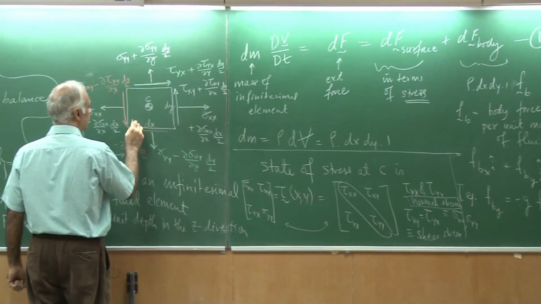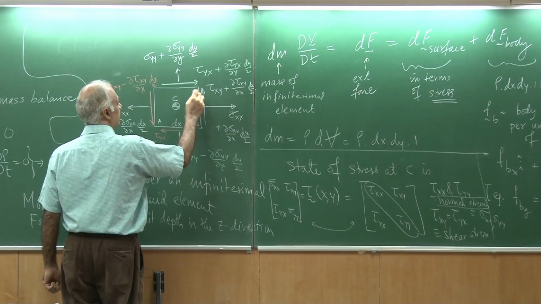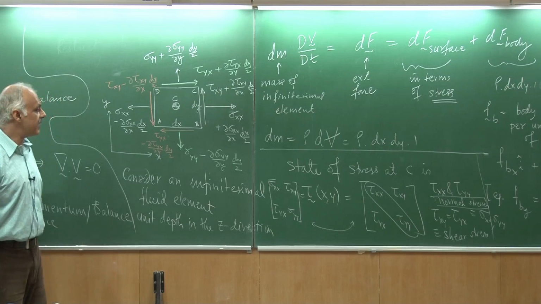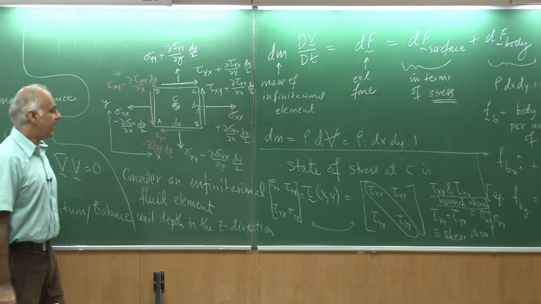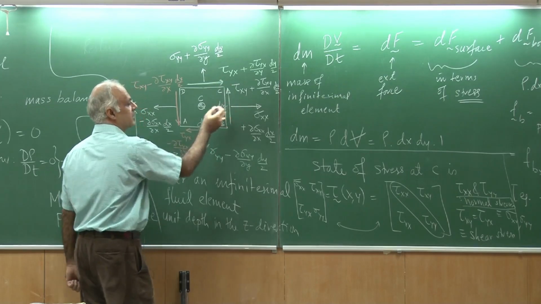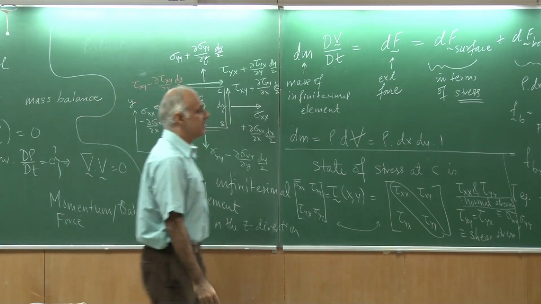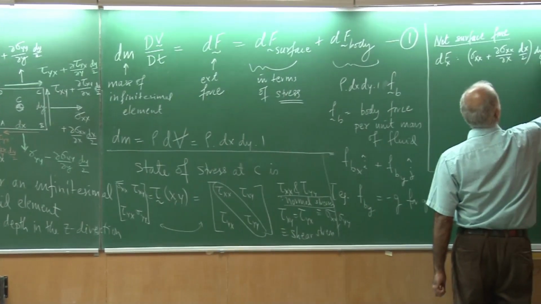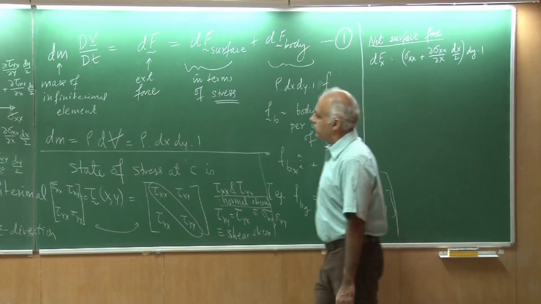If I number them A, B, C, D, I am really talking about the area of the face BC, and the area of the face BC is dy times a unit depth, which is 1. So I would multiply this with dy times 1. Okay.